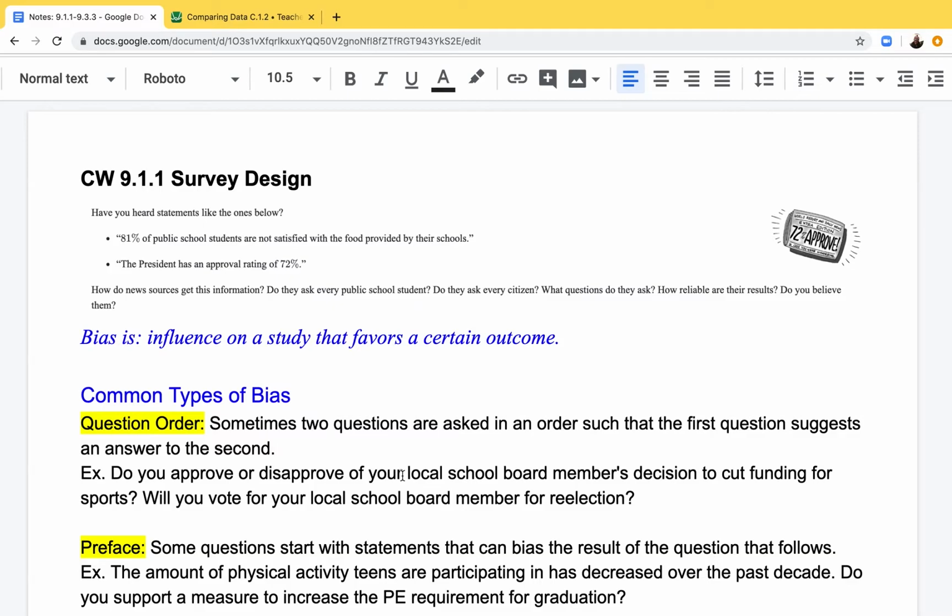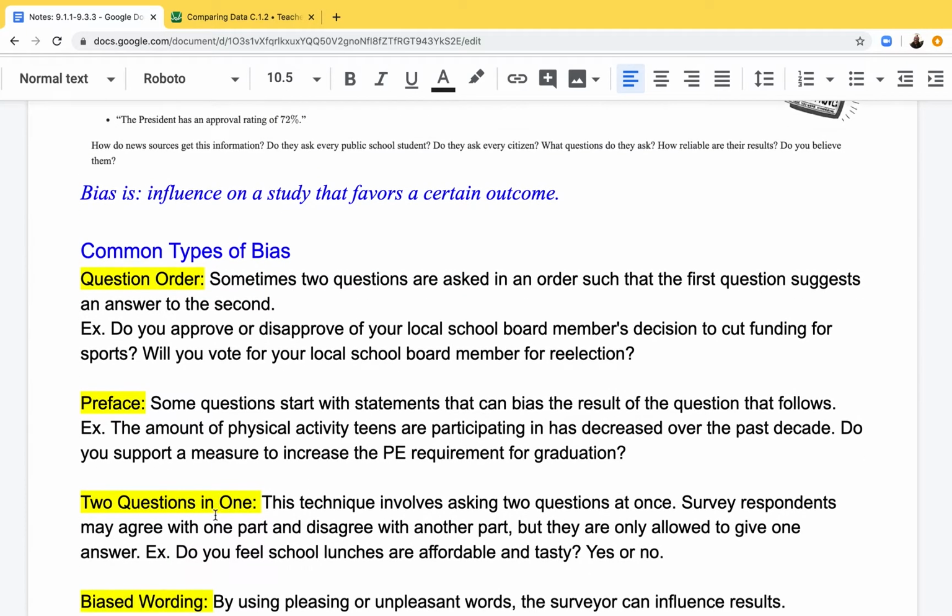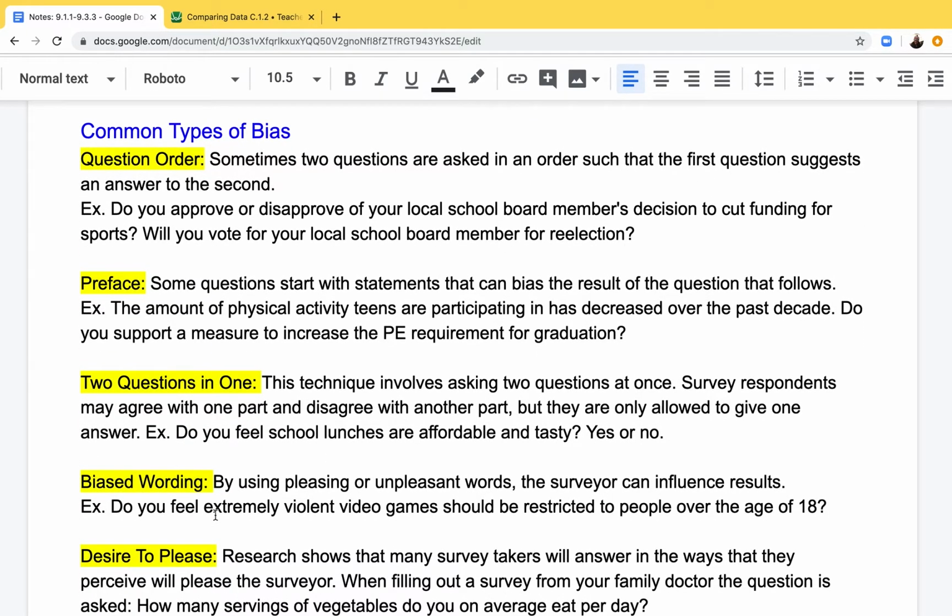Bias is when the author of the survey or whoever's collecting the data could knowingly or sometimes unknowingly ask a question in a study that will favor a certain response. So I hope that you did the Desmos activity, and if so, you are going to be exposed to these types of bias. I'm not going to spend a lot of time talking about them.